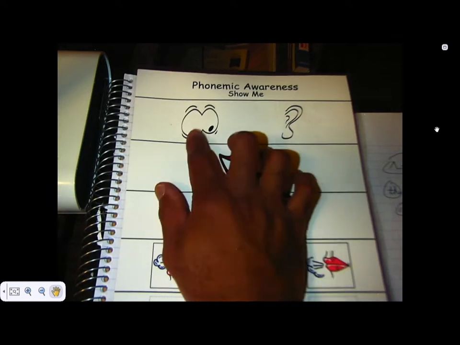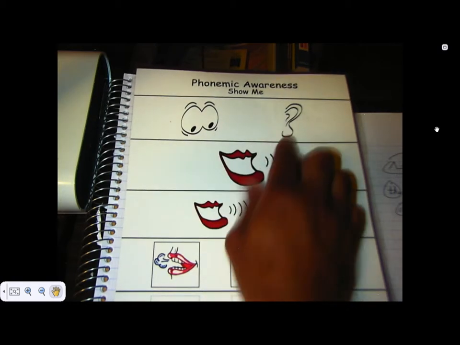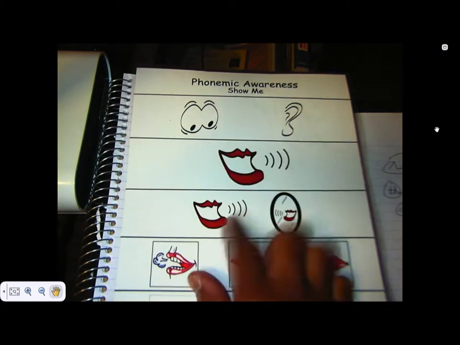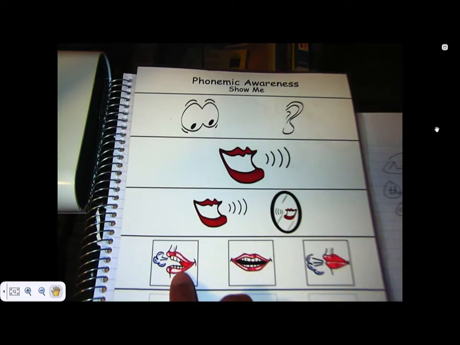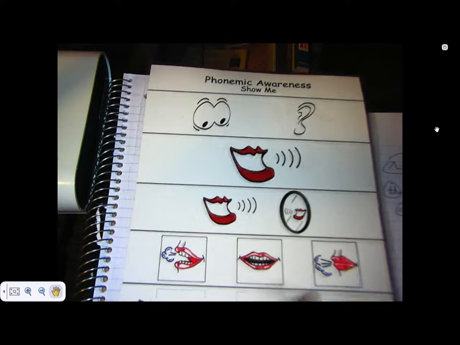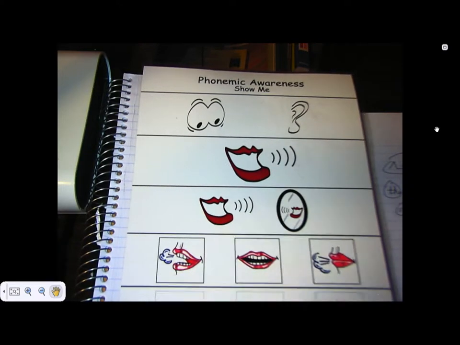There may not be much to see, but you're still going to be looking, listening, echoing what you hear me say, echoing what you hear in the mirror, pulling down your sound pictures and labeling, and then replacing them back on the chart. So don't try to go faster than me. Let's get ready to set up our board. That's what we're going to do now. We're going to set up our board. Okay?